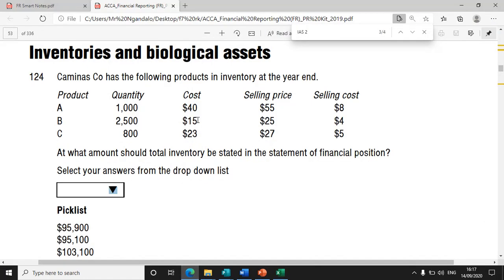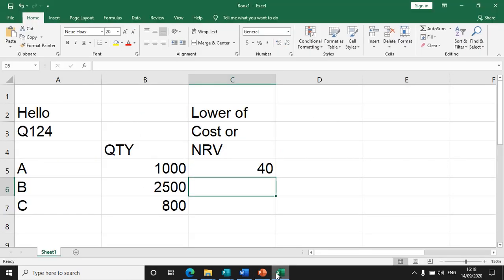Product A's cost is 40, and the selling price is 55, and selling cost is 8. So how much do we have? I don't want to make unnecessary sum. I've got 55 minus 8. I've got a 47. So 47 compared with cost, I think cost is still lower there. So I go with the cost.